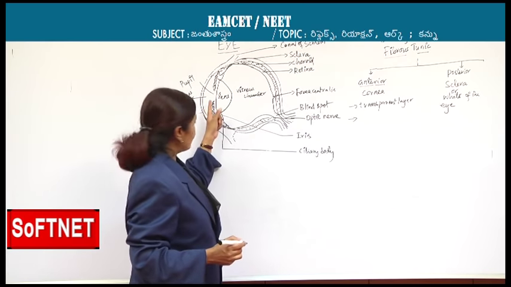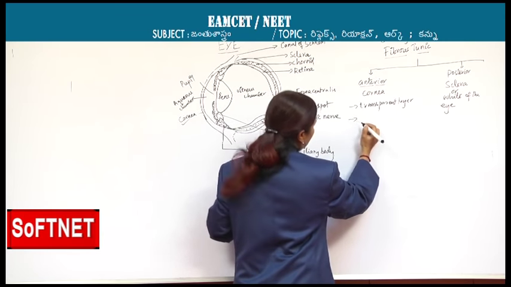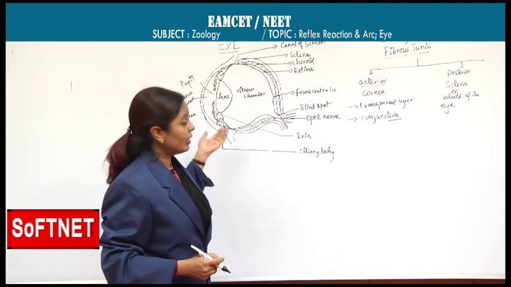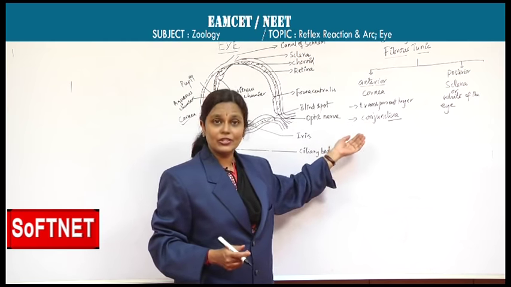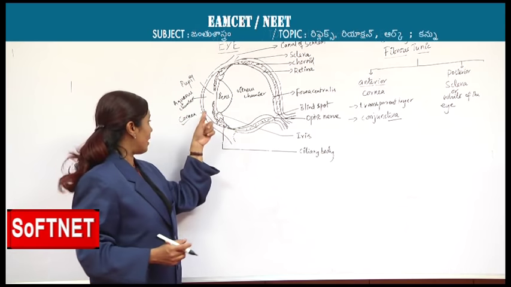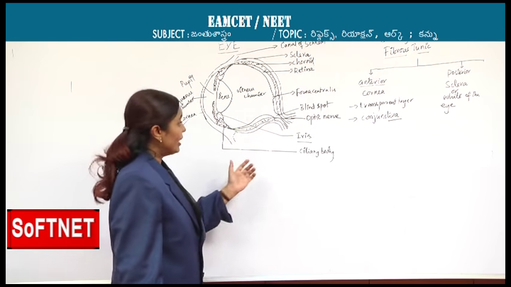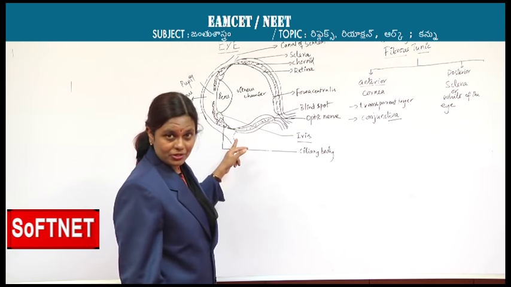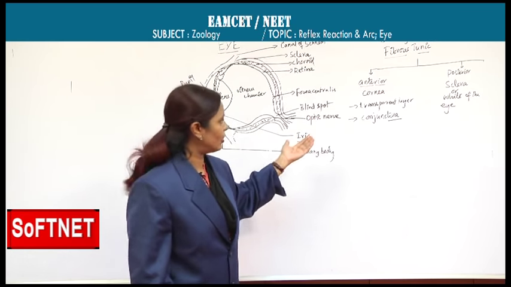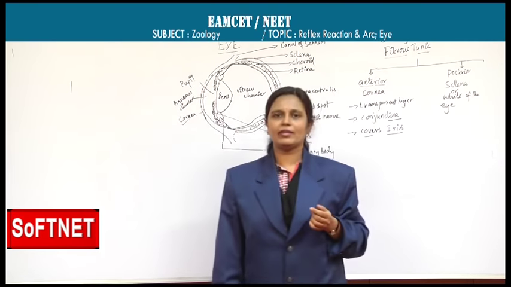Now this cornea is externally covered by a thin membrane, you call it conjunctiva. Internally, the cornea itself covers the pigmented part of the eyeball, that is nothing but iris. So it covers iris, the pigmented portion, and it is covered by a thin membrane called conjunctiva. Next, it is about posterior sclera or white of the eye.